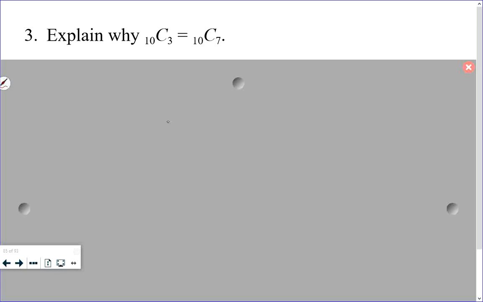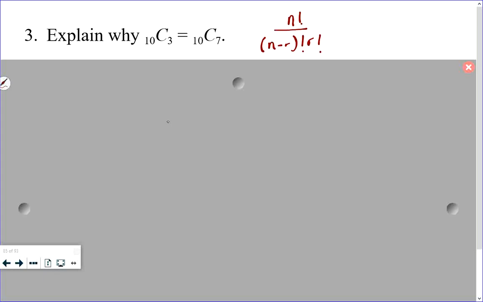So, and I don't mean to put words in your mouth, but first of all, the observation that's important is the 7 plus the 3 gives you 10, and this is only going to work if that's true. Are you saying that when you use this formula, you're going to get on the bottom 7 factorial and 3 factorial no matter what? And you're absolutely right.